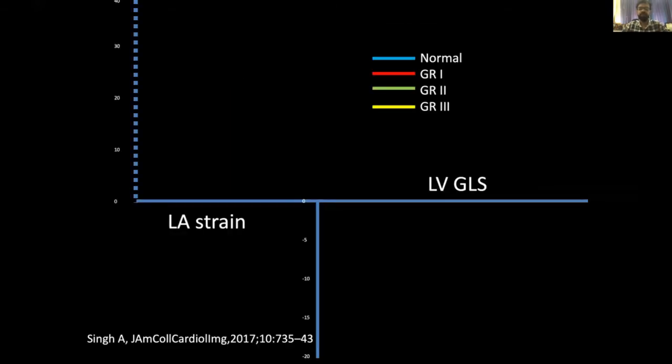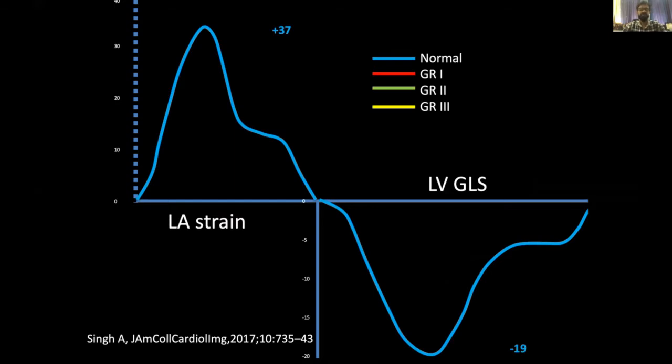Now, let us look at the left atrial strain in comparison with the left ventricular strain. This is a study which came out in JACC Imaging. They correlated the left ventricular strain values with the left atrial strain values.